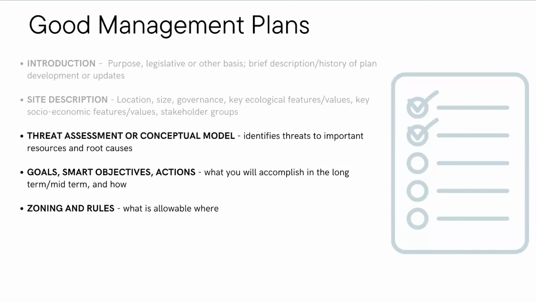Goals, SMART objectives, and actions. And this is a critical component of a management plan. It's really getting at what the community ultimately wants to achieve with the protected area, like improved fish populations or community benefits, and then how you're going to achieve it in the next few years. What are you going to do specifically, and what are you going to achieve toward those goals?